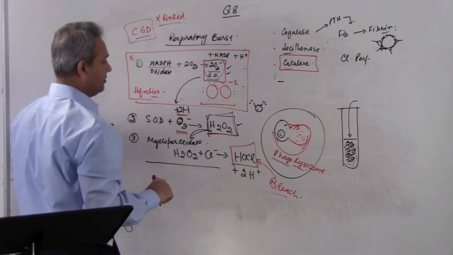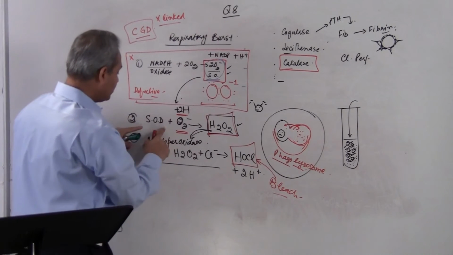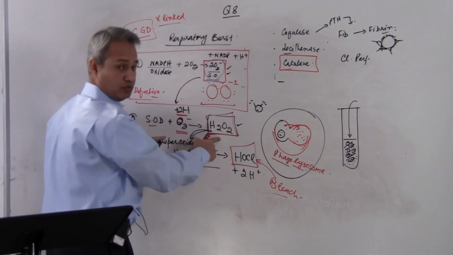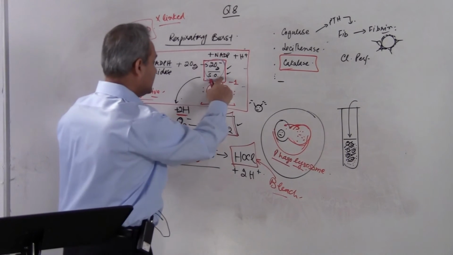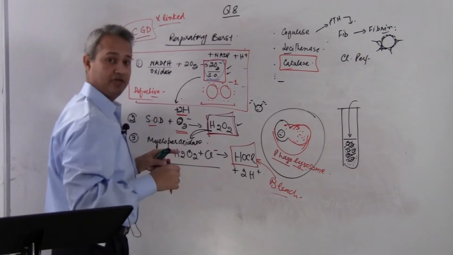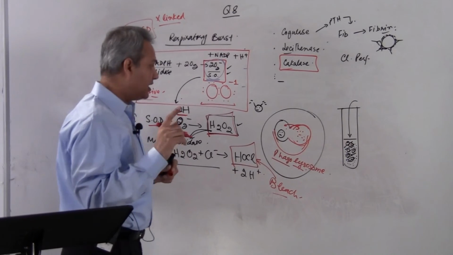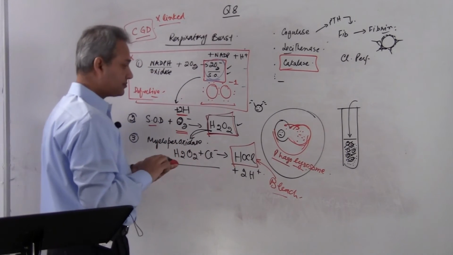When this step is not happening, the patient doesn't have the substrate to offer to the superoxide dismutase to produce H2O2. So the patient doesn't have free radicals themselves to kill the pathogen, and the patient does not have H2O2 to kill the pathogen, neither does he have the HOCl. But here is what is very interesting.